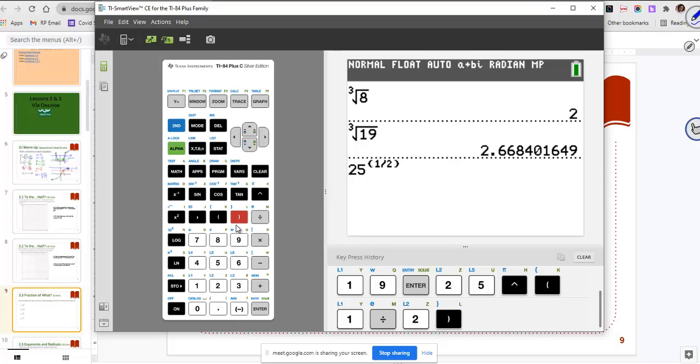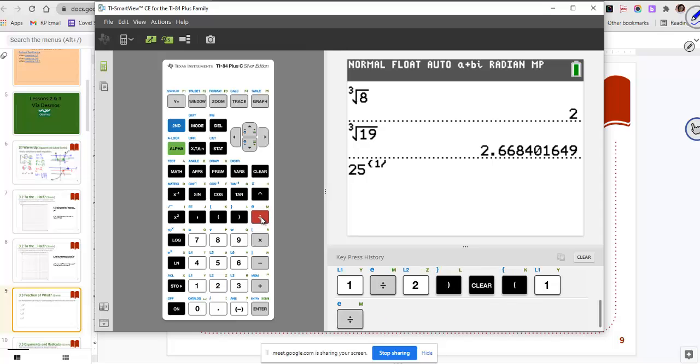Or you could put it in as 25 raised up to 0.5, like a decimal. That's just 1 divided by 2. So I just had a 25 there, and I just open up parentheses so that it knows I want 1 divided by 2.